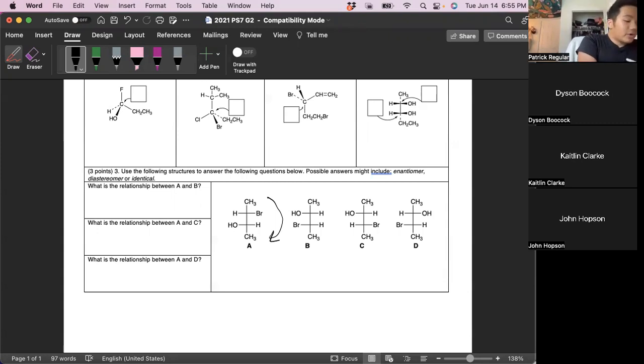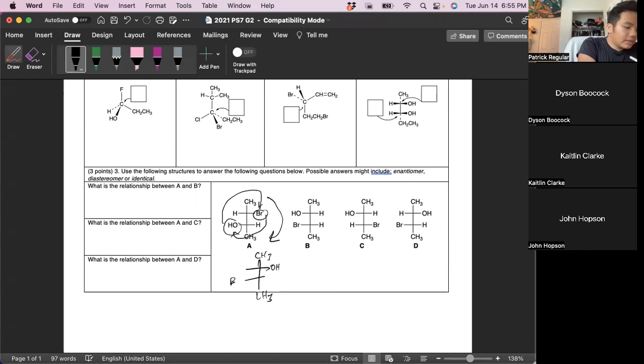So if I were to rotate this around, let's maintain our CH3s. And that's the really big thing about the CH3s. If they're identical at the top and bottom, then if you rotate it, they're still the same. So we rotate it, this would rotate here, this would rotate here, and then vice versa for the two H's.